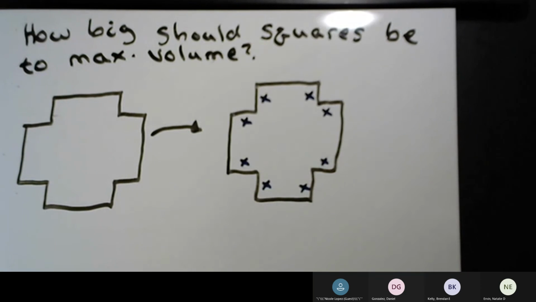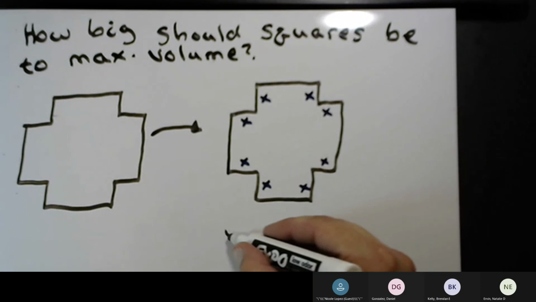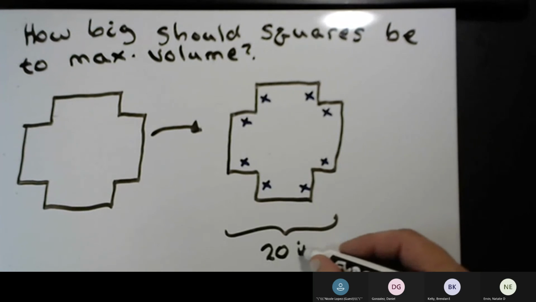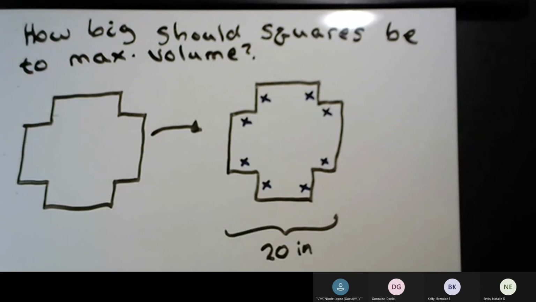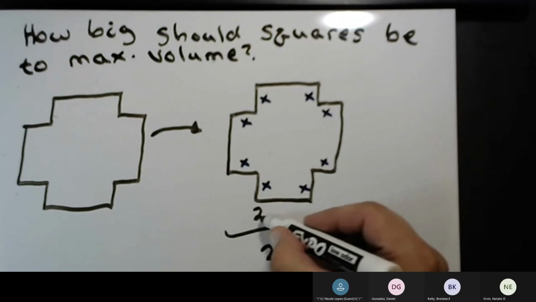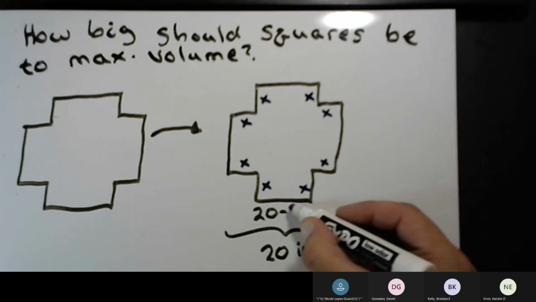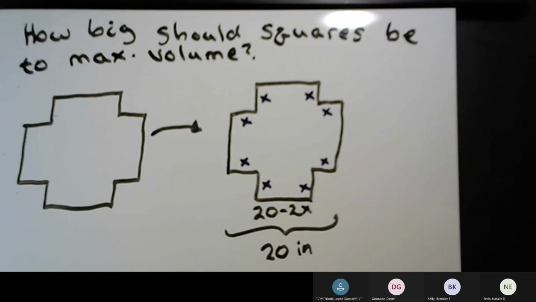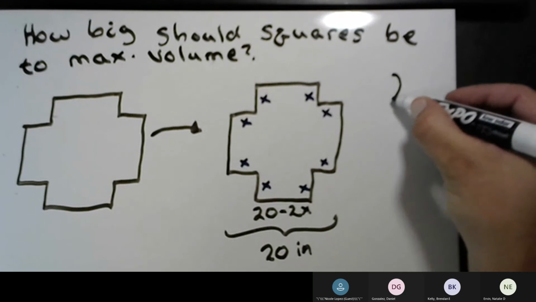So what this means: this is 20 inches, so this part here is 20 minus 2x. The same thing on this side.